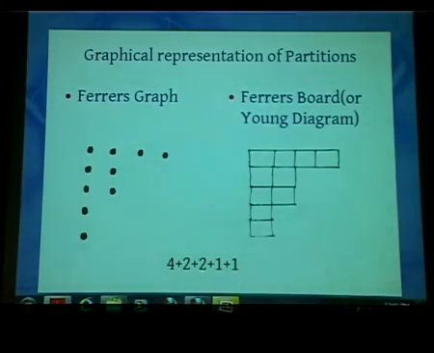Now these partitions we can represent. Instead of looking at the partitions as numbers, it is easier if we look at them as diagrams. There are two ways of graphical representation of these partitions: one is the Ferrers graph, and the other is the Ferrers board or Young diagram.